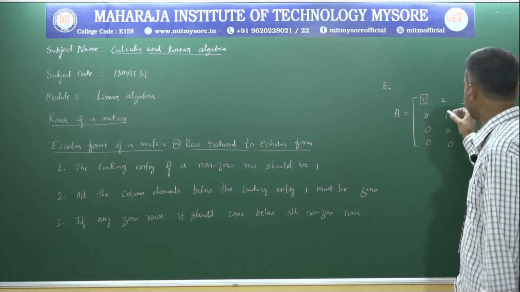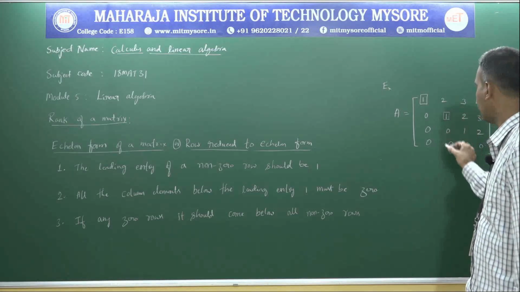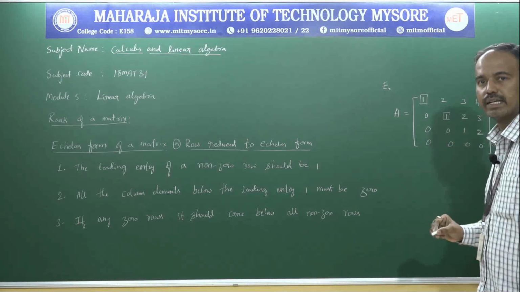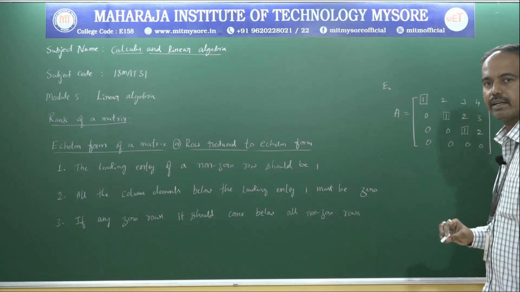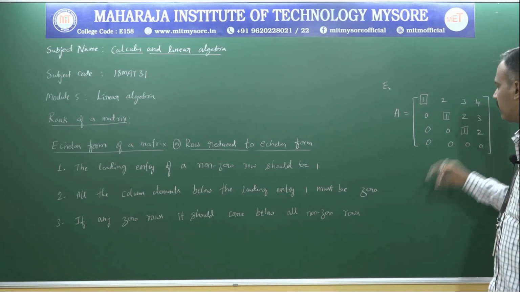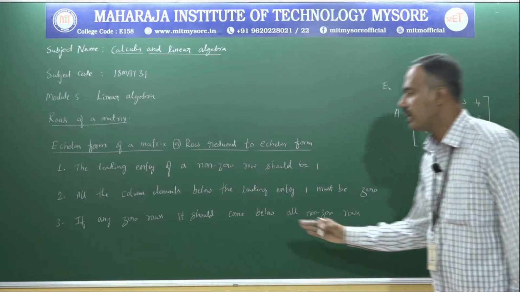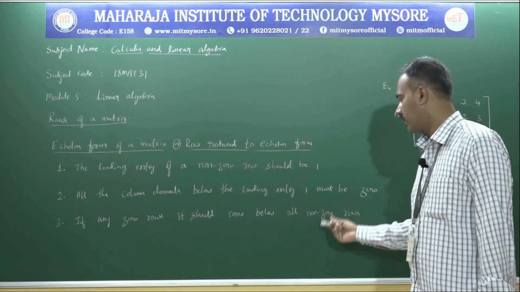Similarly, for the next leading entry, all the elements below are 0. The next point: if there are any zero rows, they should come below all non-zero rows.